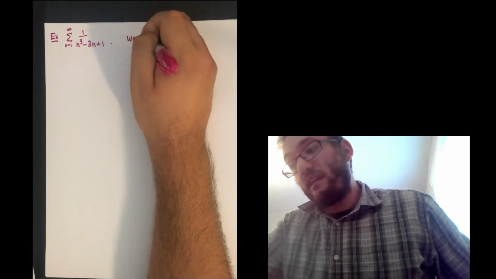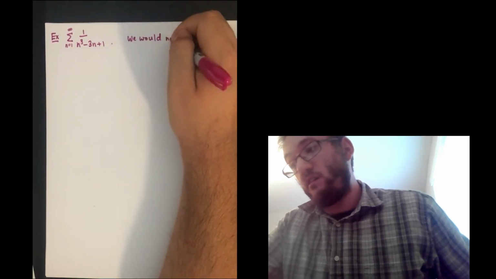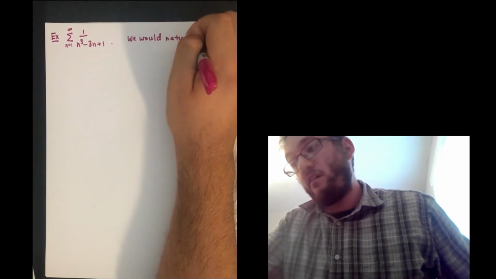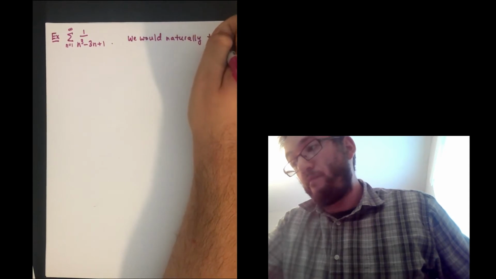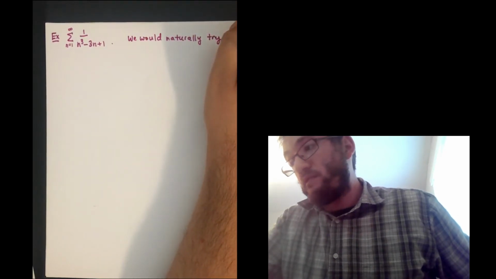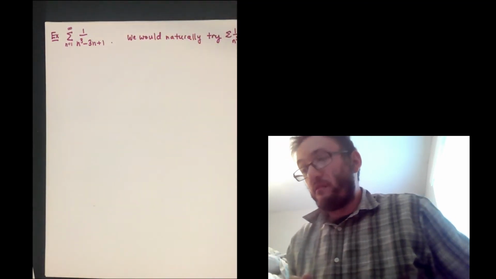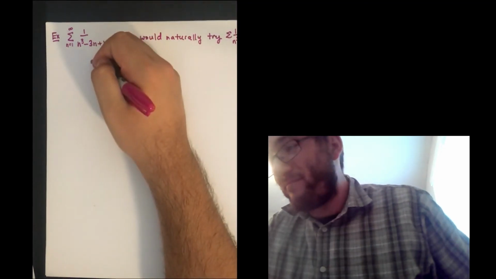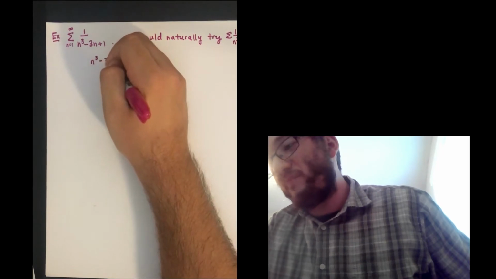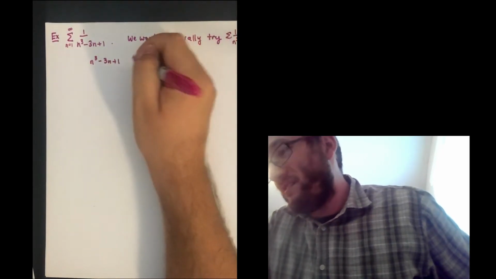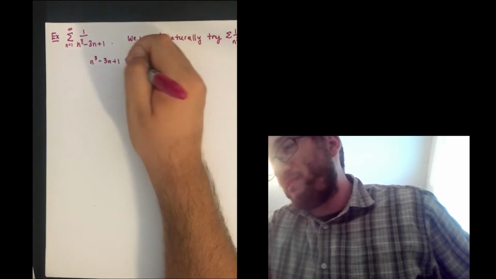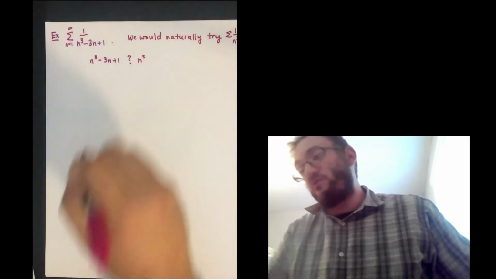We would naturally try the series 1 over n cubed for comparison. But between n cubed minus 3n plus 1 and n cubed, this relationship is a little bit uncertain.